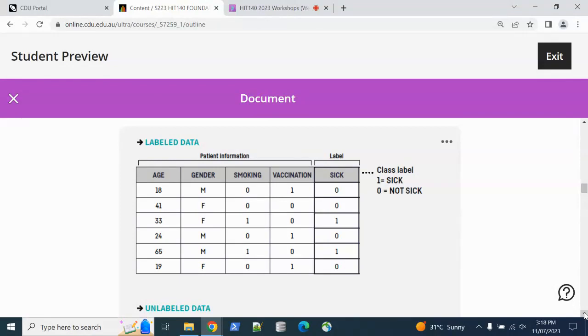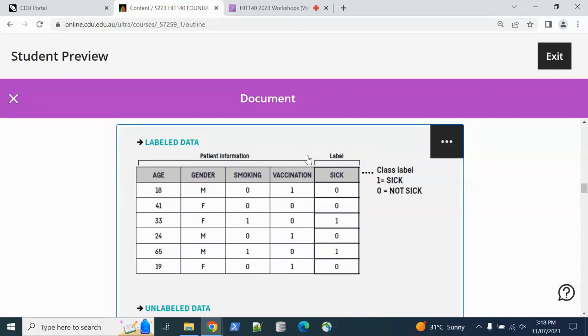So in the data set that we use to train the computer, we need to have some label, okay? For example, here you have patient information in your data set: age, gender, male or female, smoking or not, and vaccination.